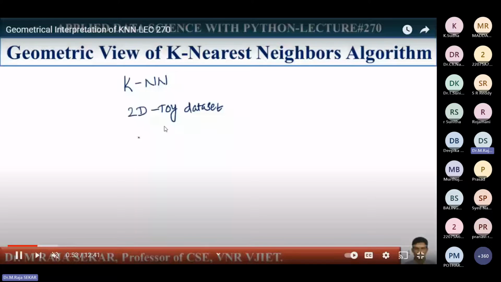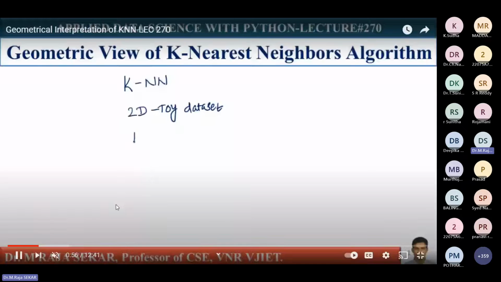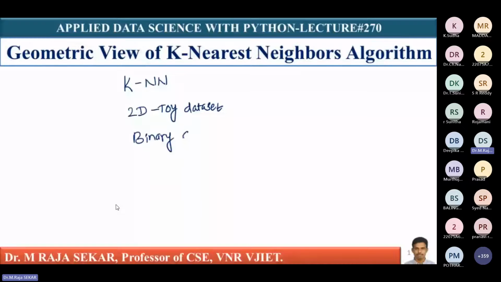Let me consider a two-dimensional toy data set. As I told you in the last session, I don't know how many of you remember, to understand dimensionality reduction we reduced a two-dimensional data set to a one-dimensional data set. We did that because it is easy to understand 2D to 1D, but honestly, you need not convert 2D to 1D, because with 2D you can visualize the data itself.